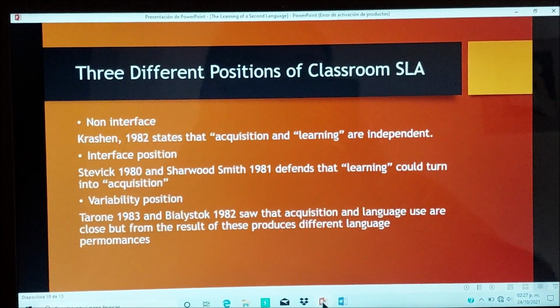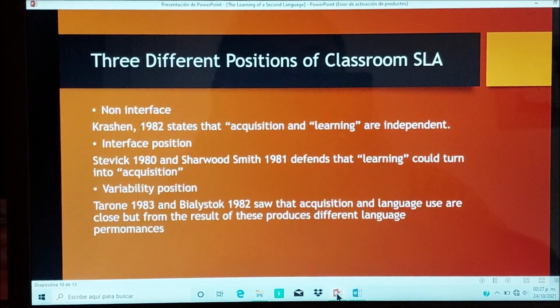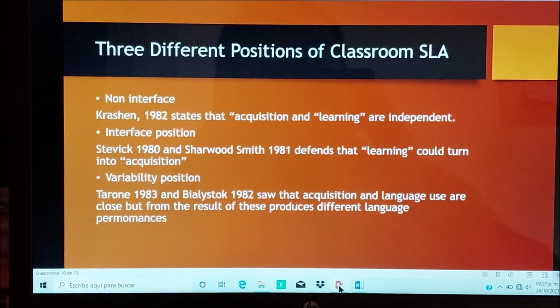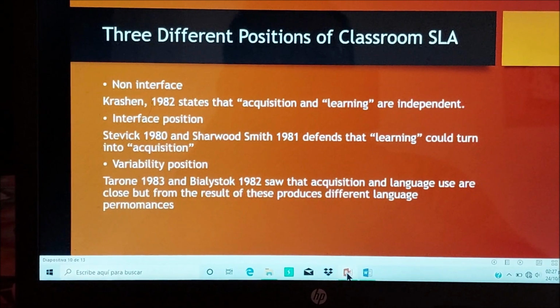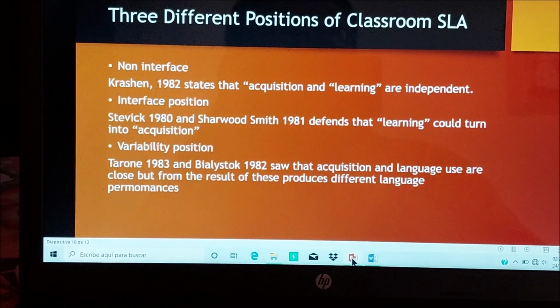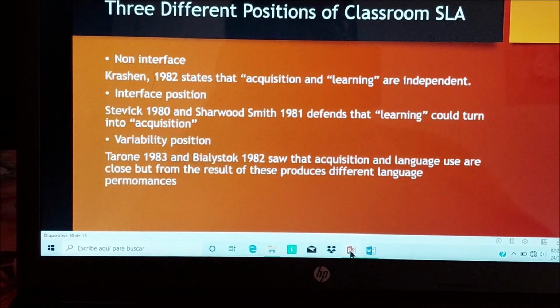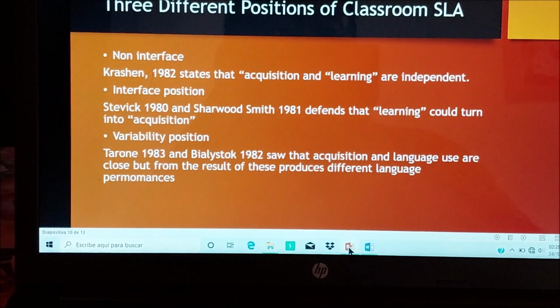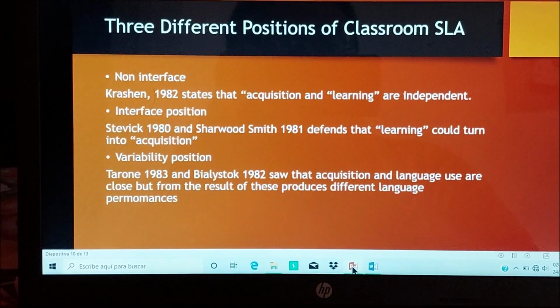Okay, let's continue with the topic. There are three different positions of classroom in second language acquisition. So there you have non-interface, interface, and variability positions. It depends on the way you are exposed to the language, right?